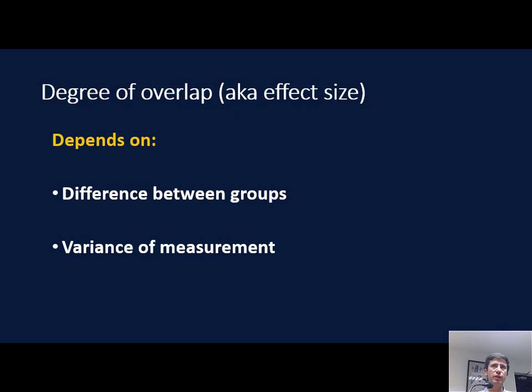So the degree of overlap in those curves is going to depend not only on the difference in means, but also on the variance of the measurement. So going back to that analogy of finding something in a drawer, is it easier to find something in a drawer that's cluttered or that's pretty well organized and clean? The cluttered drawer is when you have a big standard deviation, big variance, big standard error in your measurements.